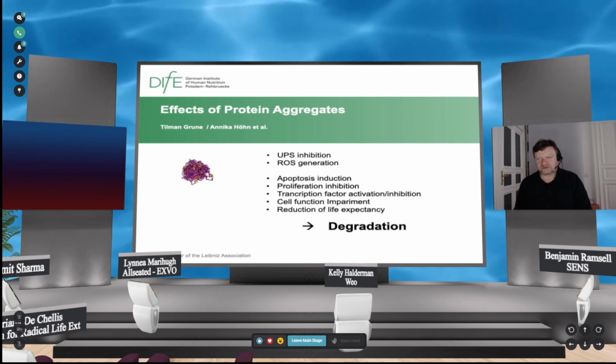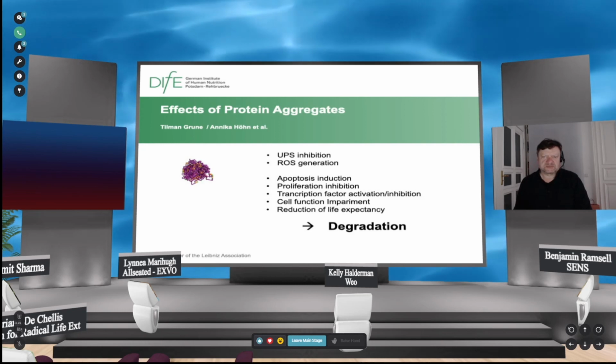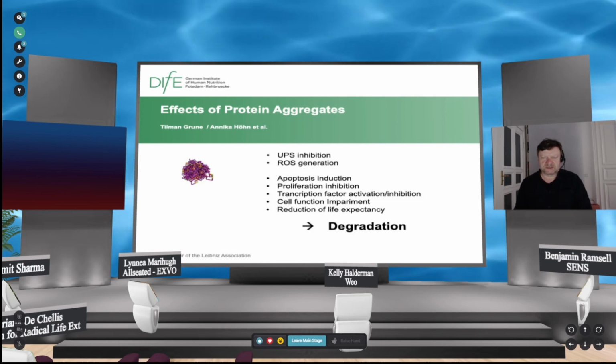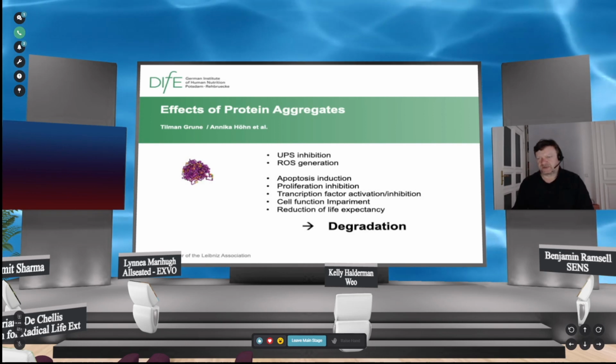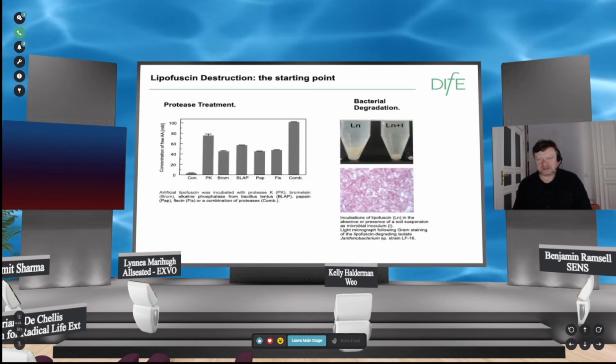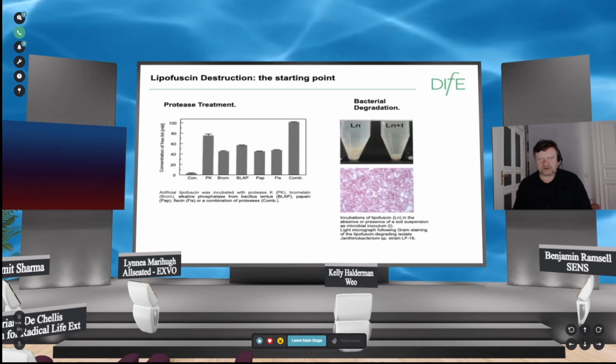And now the question: we should get rid of it. If it's so detrimental to many of our cellular functions, we should get rid of it. We did some experiments at the very beginning, and we tried a different set of proteases here.